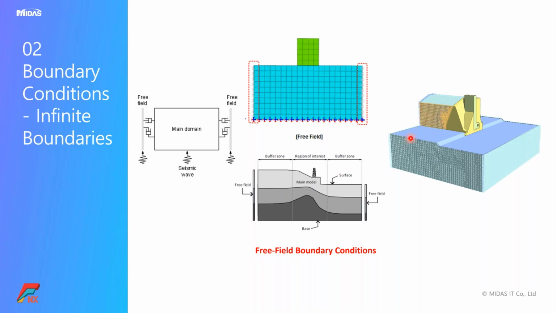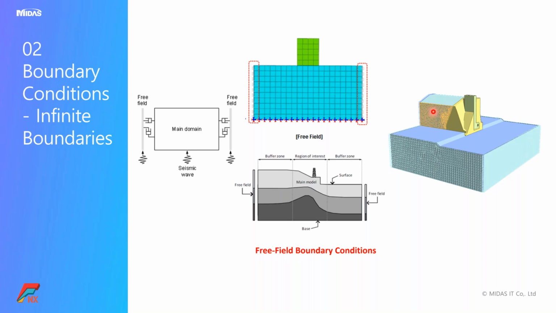So we are not considering to model the entire backfill along the length of the abutment. But here we are only modeling some extent, so that it will not fall off because of the vertical face. So we need to support this particular vertical face.